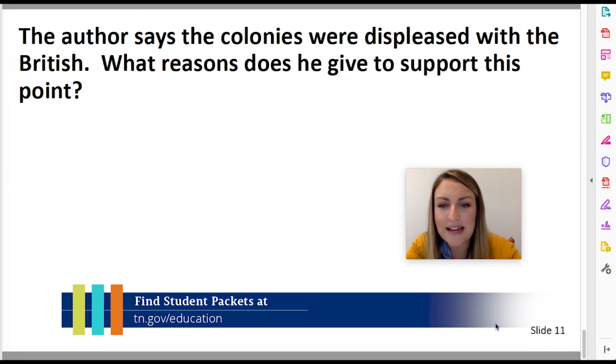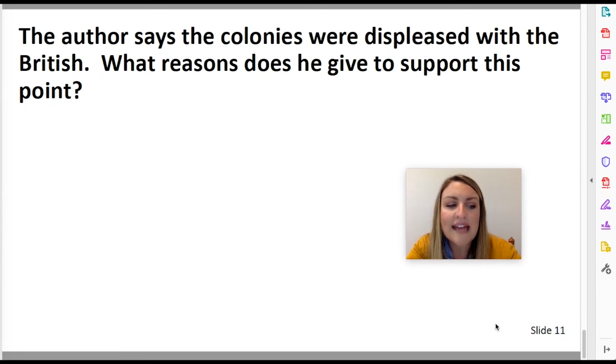One more time, ready? The author says the colonies were displeased with the British. What reasons does he give to support this point?